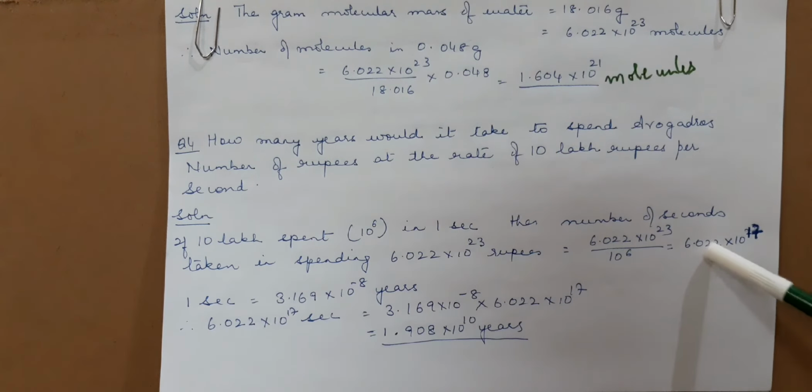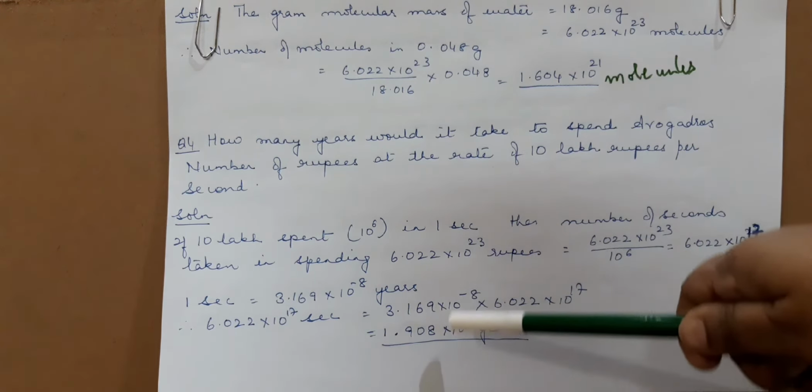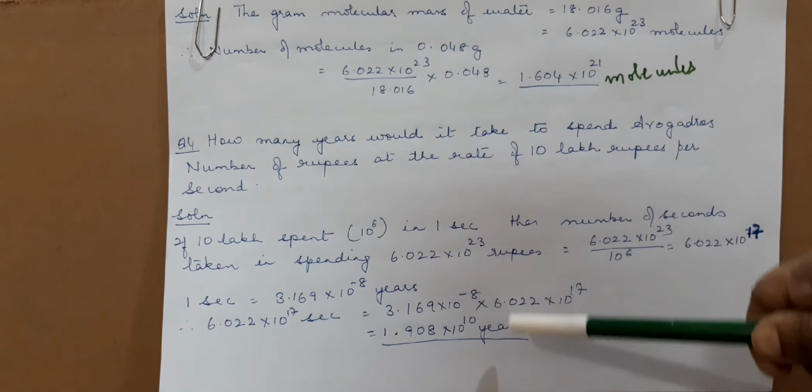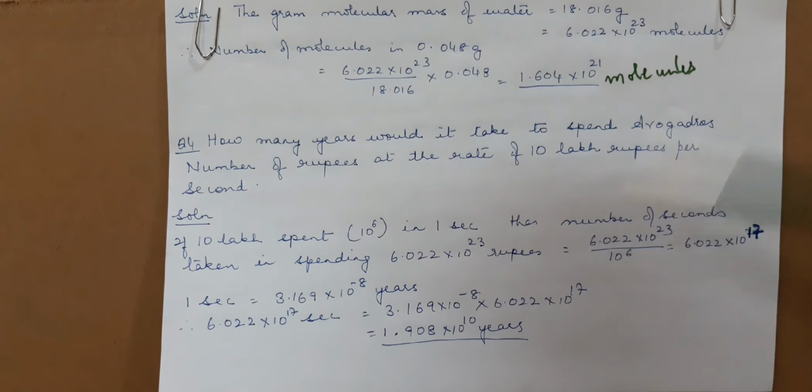So 6.022 into 10 to the power 17 seconds would be how many years? 3.169 into 10 to the power minus 8 into 6.022 into 10 to the power 17. That would be 1.908 into 10 to the power 10 years. Oh, that many number of years it would take to spend 10 lakh per second.